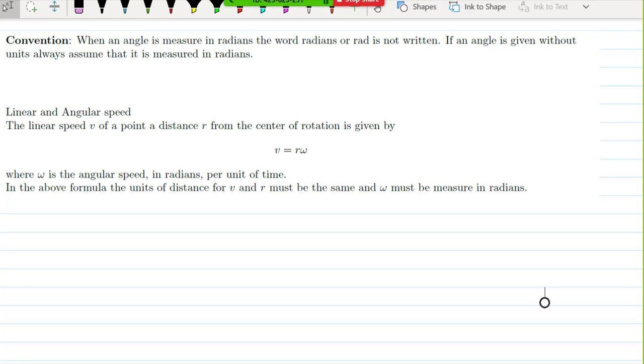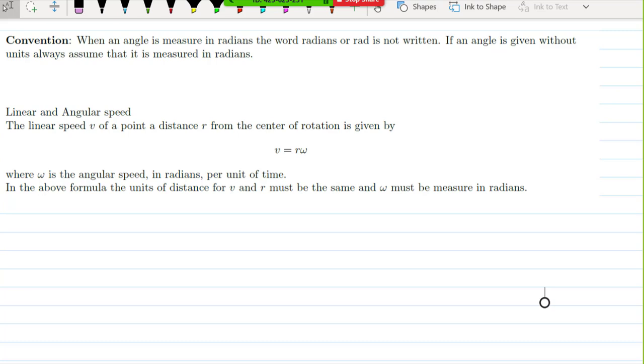The angular speed would be how fast the wheel is spinning around on your car, whereas your linear speed would be how fast your car is moving in a line on the ground. So angular speed is a rotation around a point, whereas linear speed is the speed that we're used to thinking about.